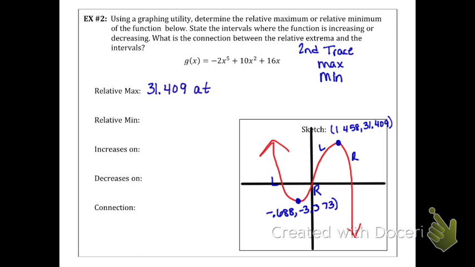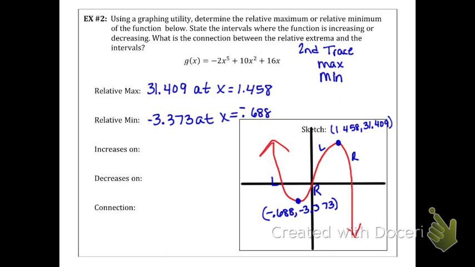And I'm going to put at x equals, that way I covered myself as well, 1.458. And then what is my relative minimum? I'm going to do the same thing. My relative minimum is -3.373 at x equals -0.688.